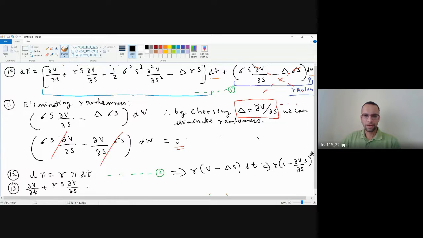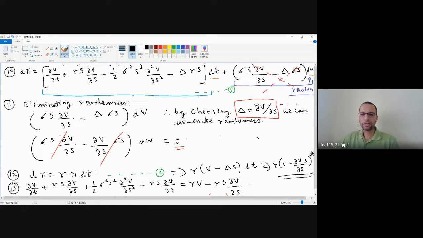So just rewriting the above term plus 1 by 2 sigma square s square d2v by ds square minus, I can change this delta as dv by ds. So I have rs dv by ds, and this will be equal to this thing which we have written. So I just multiply this inwards. So we have rv minus rs dv by ds into dt.